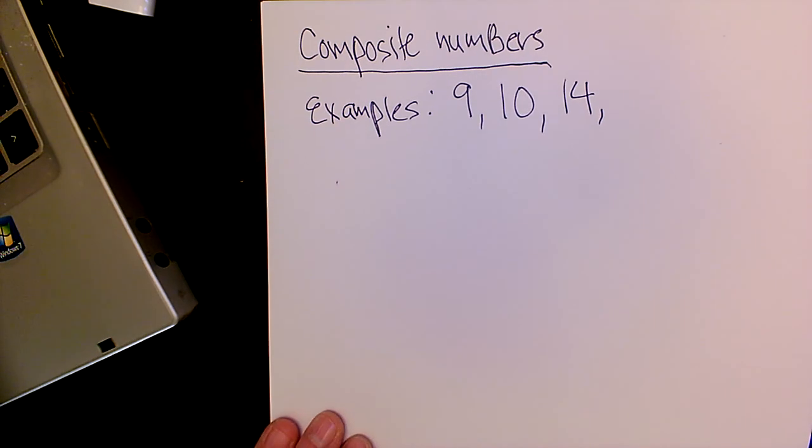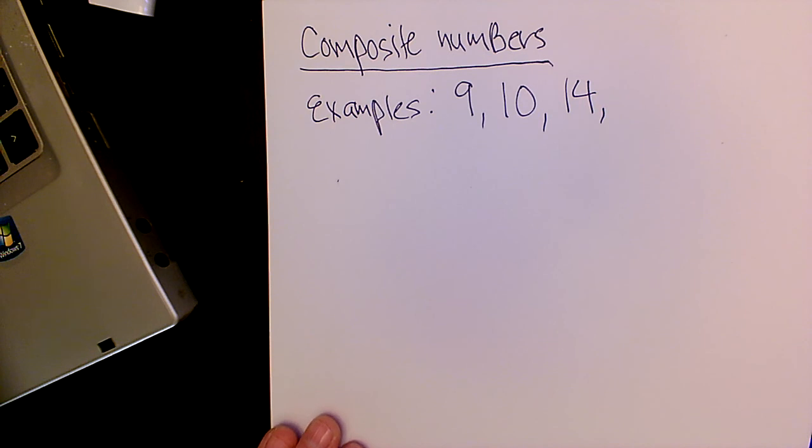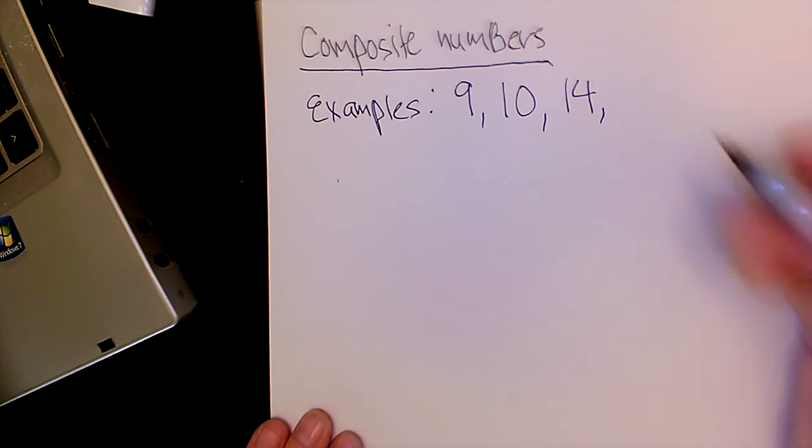Is 14 a composite? Well, 1 times 14 is 14. 2 goes into 14. 2 times 7 is 14. So since more than 1 and 14 go in, 14 is a composite. It has 4 factors, which is more than 2 factors.